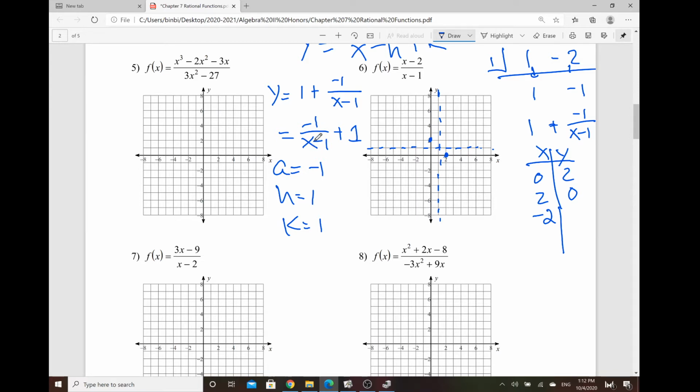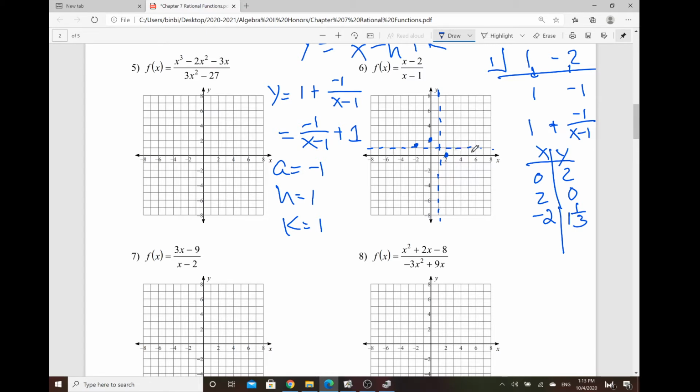So negative 1 over negative 3 is 1/3. 1/3 plus 1 is 1 and 1/3. So negative 2, 1.33333. Getting close to the horizontal asymptote.